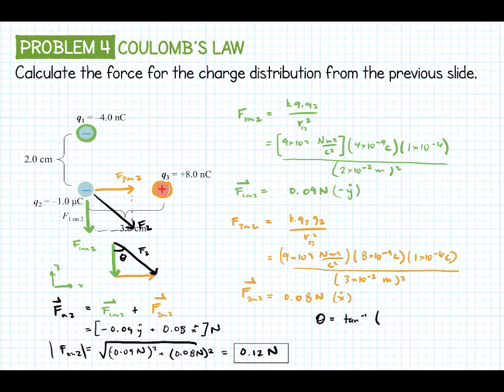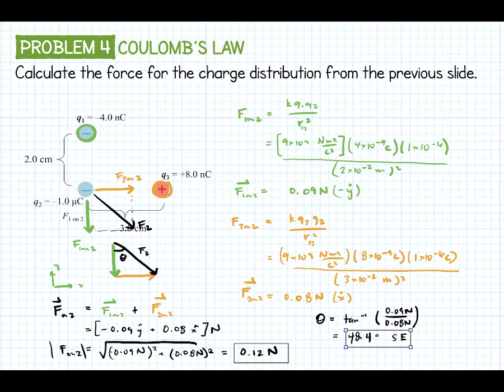Remember, y is going to be 0.09 newtons over 0.08 newtons. That's going to give us an angle of 48.4, and we could call that degrees south of east. Now we have both a magnitude and a direction.